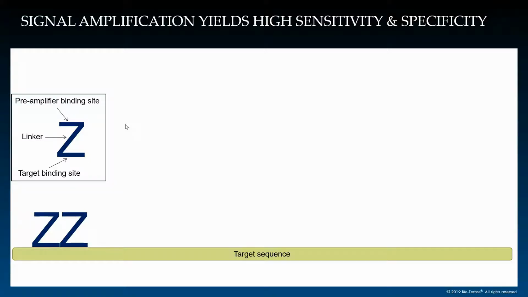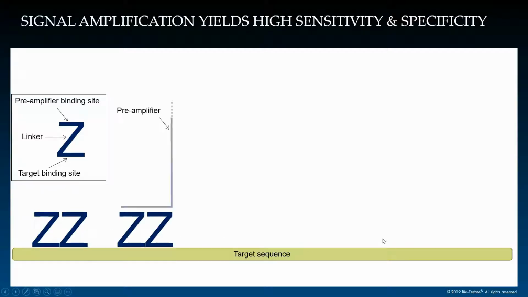And then we have the linker region, which joins these two regions. The way we design our probes is such that a pair of Z probes have to bind together in tandem onto the target sequence. And we design probes as a set of pooled probes, so you'll have these ZZ pairs bind along the target sequence.